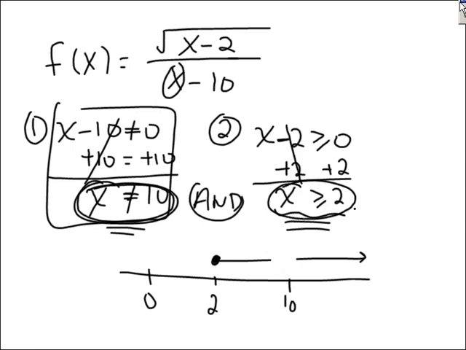So we remove 10. We remove the number 10. And just for the record, that number right here is not 10. This number is not 10. This number is not 10. In fact, every number on the number line is not 10 except 10. All right.